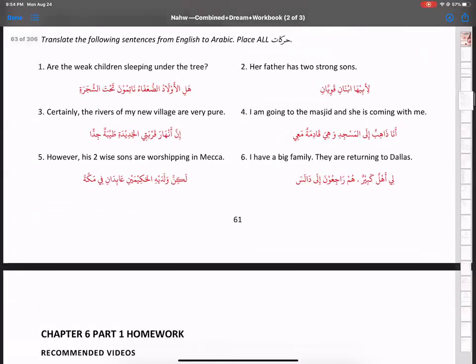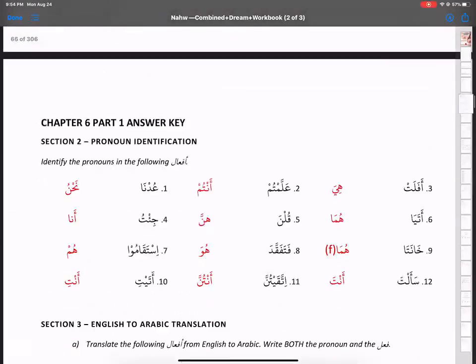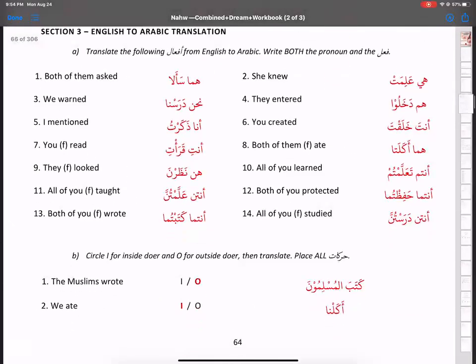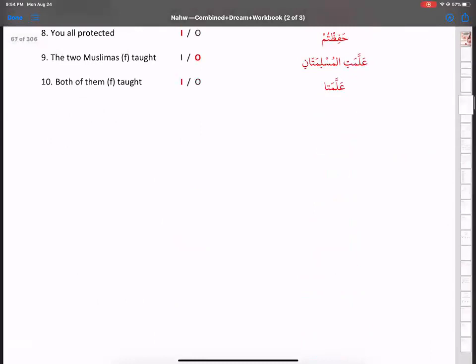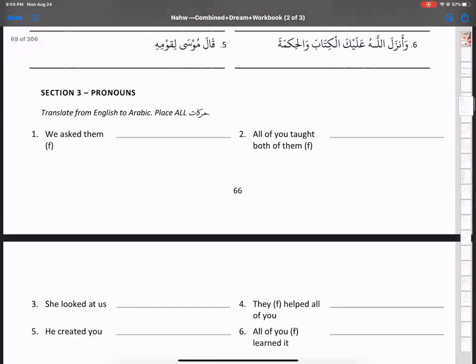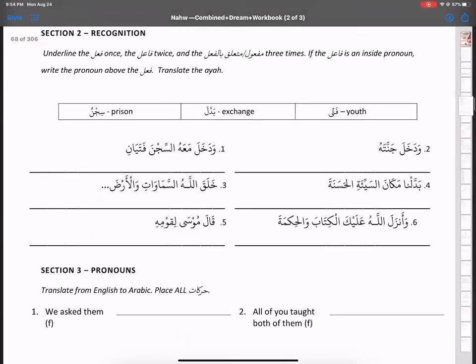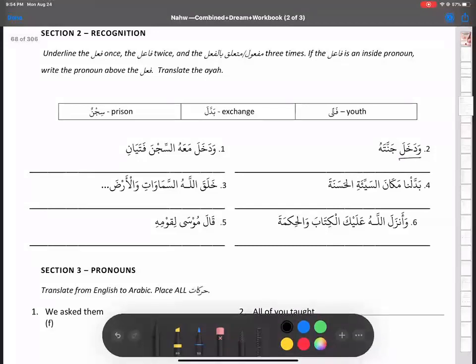Okay, now let's see over here. Vadakhala jannatahu. What is that? It's jumla failure. So what is dakhala? Fi'l madin, fa'iluhu huwa.